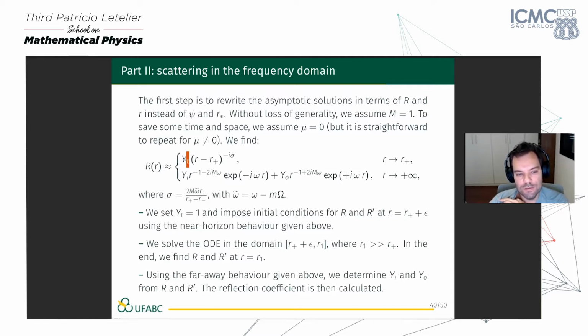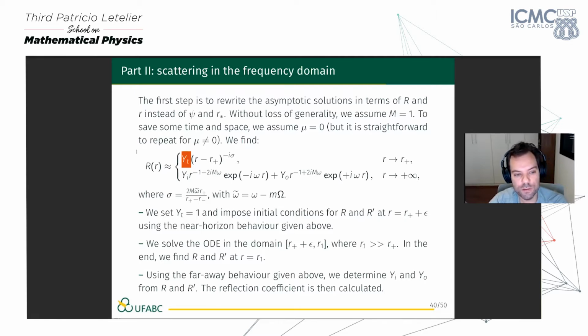T stands for transmitted, I for ingoing, and O for outgoing. So this is the incident wave, YO is related to the amplitude of the reflected wave, and YT is related to the amplitude of the transmitted wave.